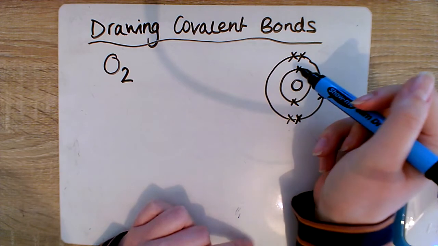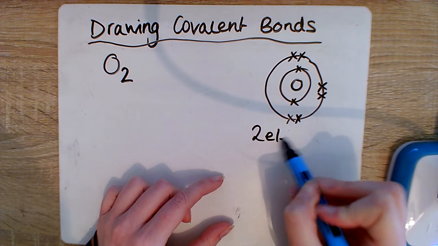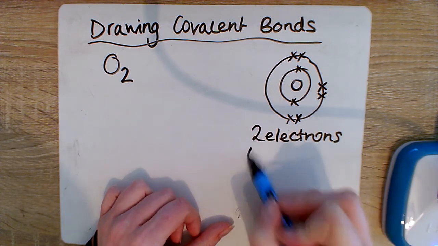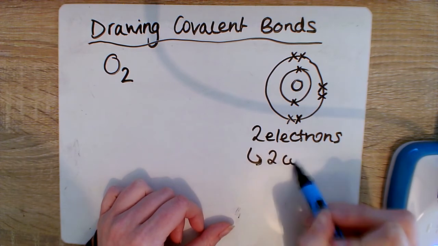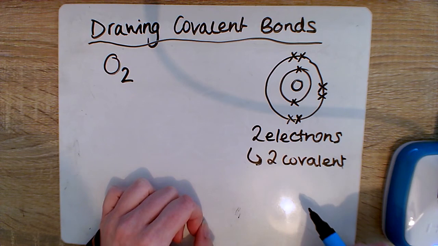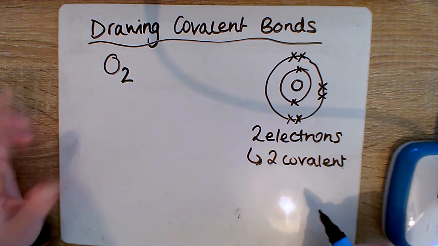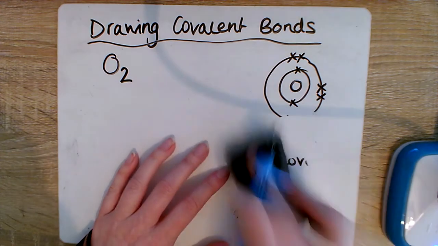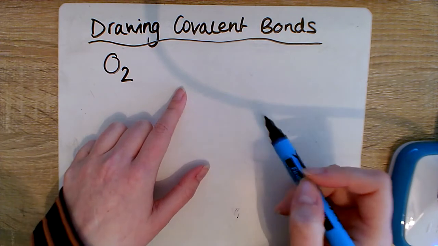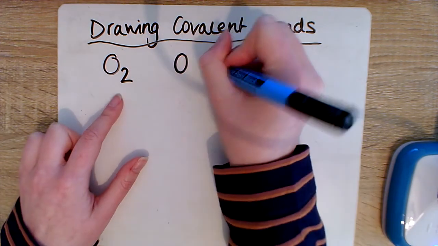So in order for oxygen to have a full outer shell, we know it needs 2 electrons. And if it needs 2 electrons, it's going to form 2 covalent bonds. However many electrons it needs is the number of covalent bonds that it's going to form. So this time our displayed diagram for oxygen is going to look slightly different than the hydrogen because it's going to form 2 covalent bonds and we only have 2 oxygen atoms.